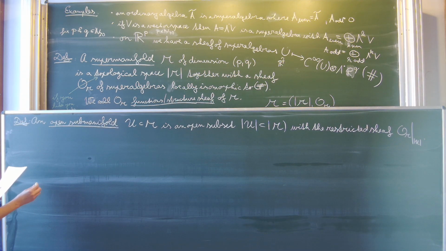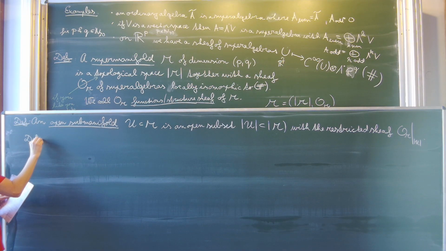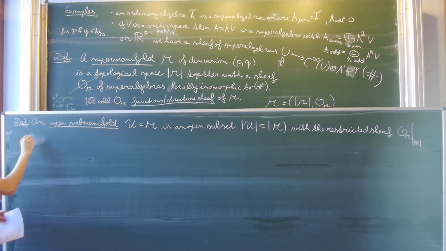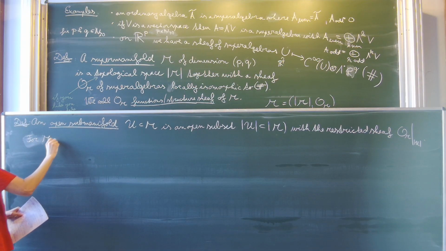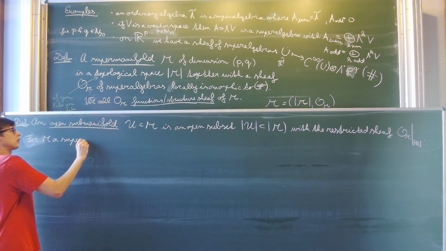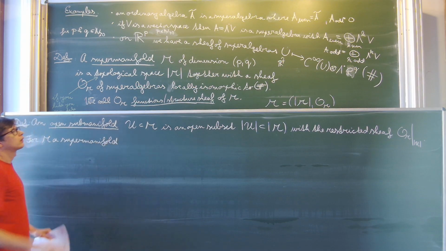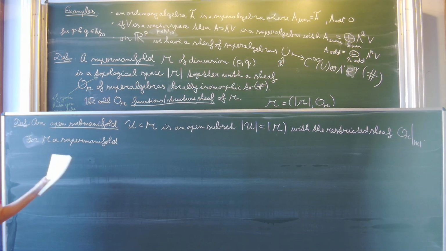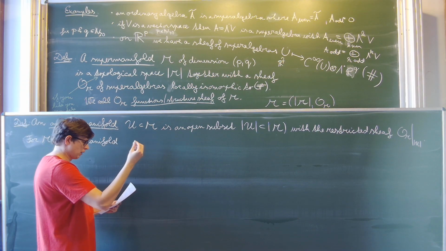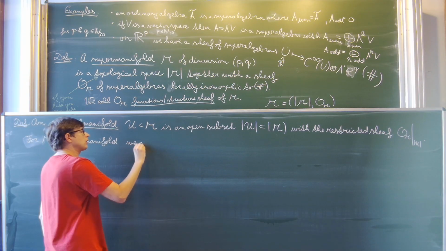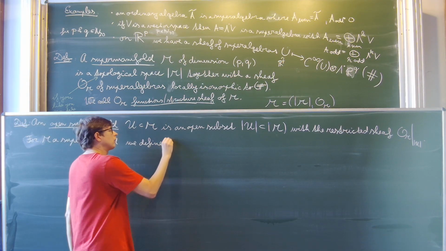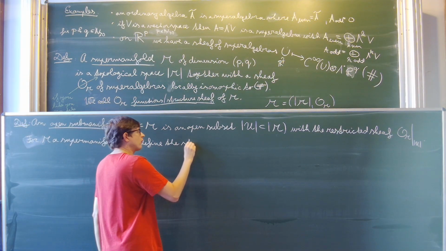Okay, now we'll do one more thing. So for M a supermanifold, we define the following thing, which will be the sheaf of ideals.